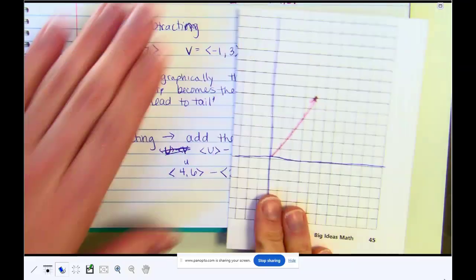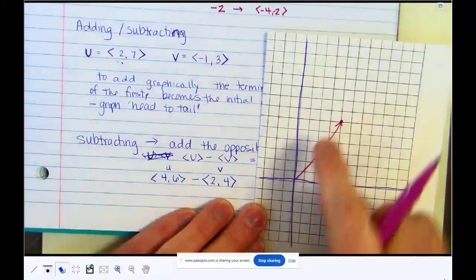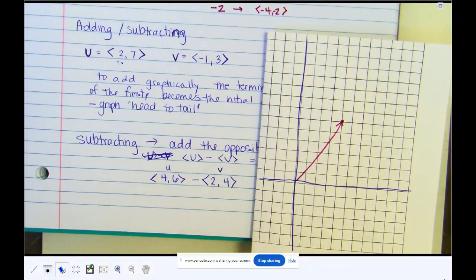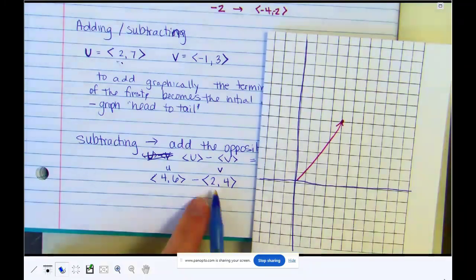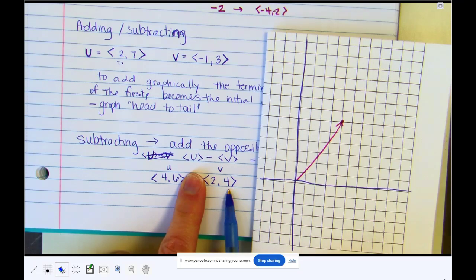So we still kind of do it the same way, where we put the initial side of the V there, but you have to remember that when you're graphing this, it's the opposite of this vector. So it's going to be right 2, up 4. Oh my gosh, you guys, I didn't even have coffee today. I can't even speak.